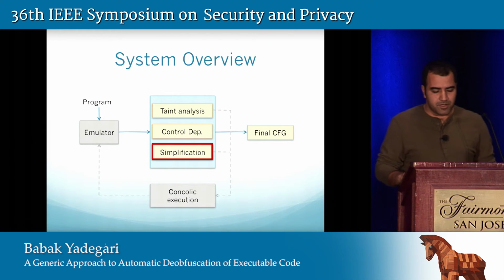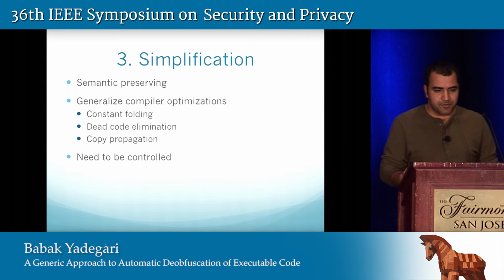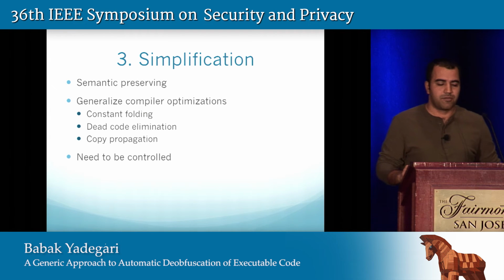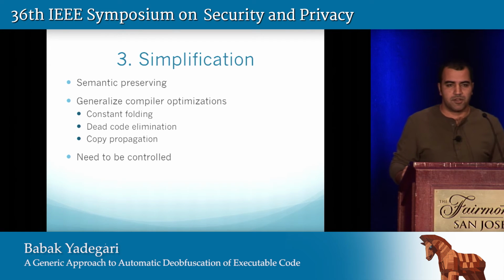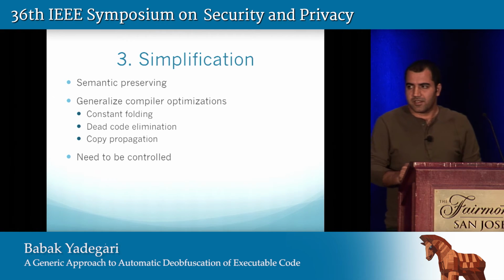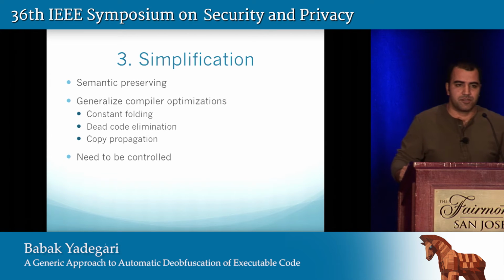Then we apply some simplification transformations. And these transformations are basically semantic preserving, meaning that they don't change the behavior of the code or a basic block. They are generally compiler optimizations such as constant propagation, dead code elimination, copy propagation, etc. And the thing is that these transformations need to be controlled.